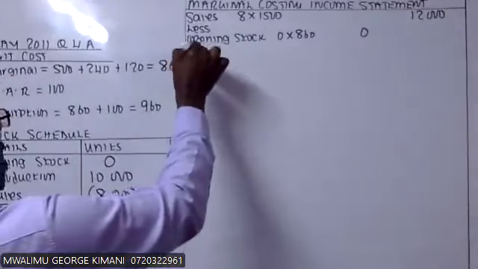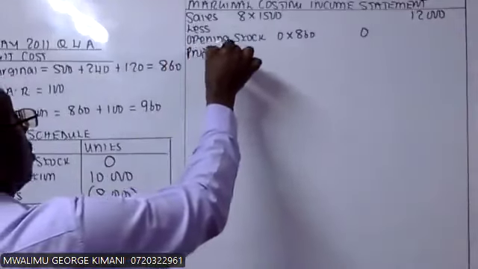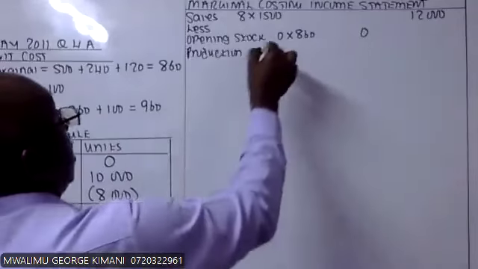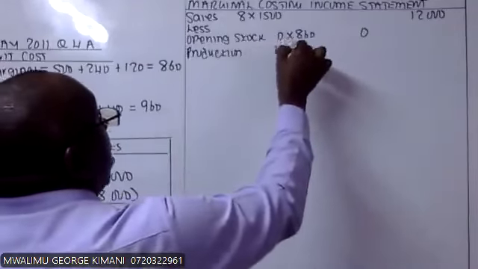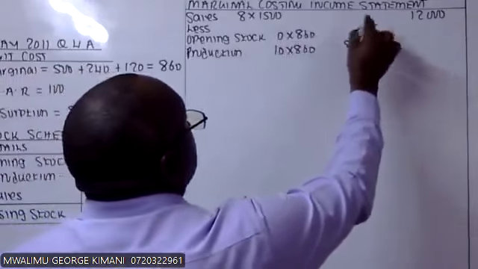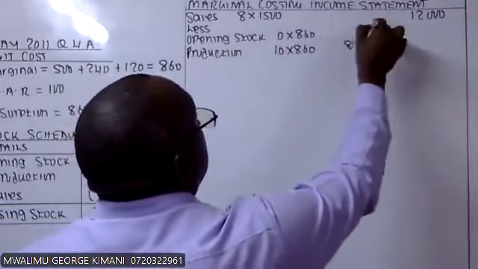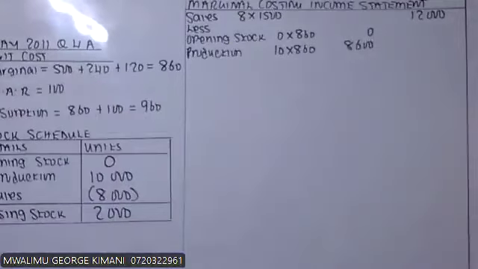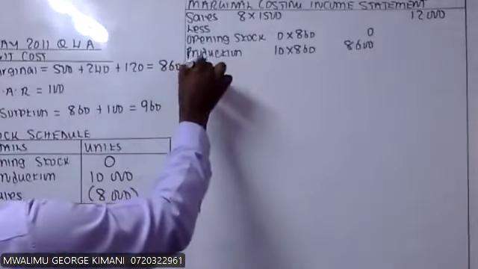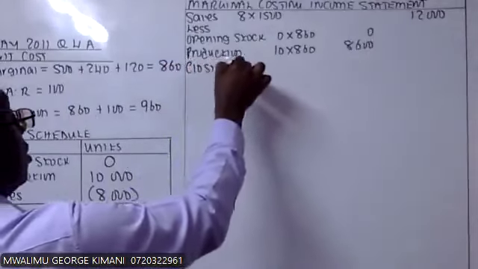Then we have production. Now production is 10 times 860. So that is 8,600. Then you come to closing stock.